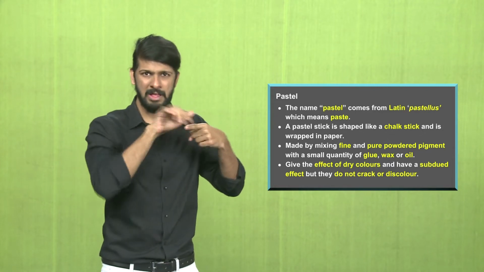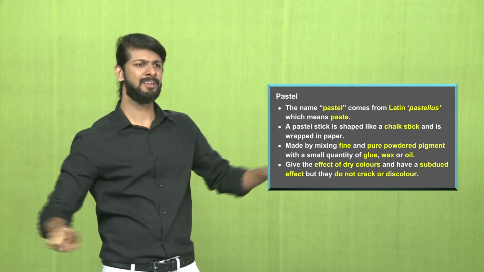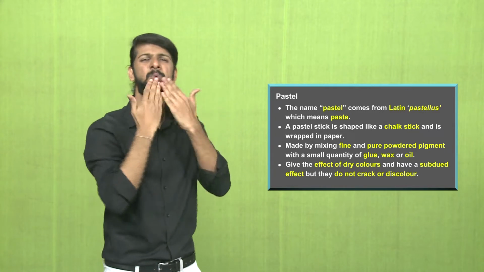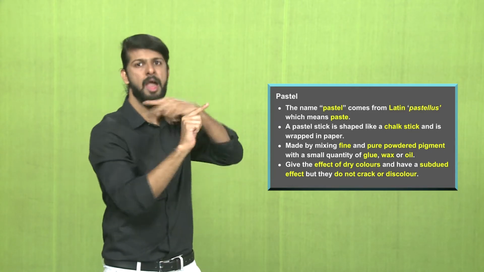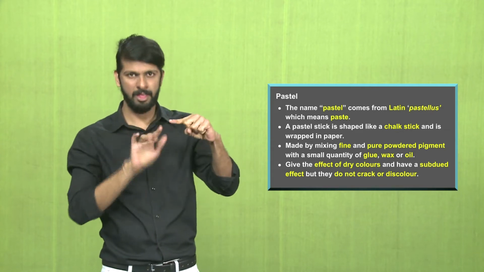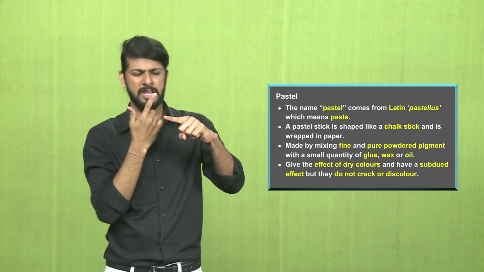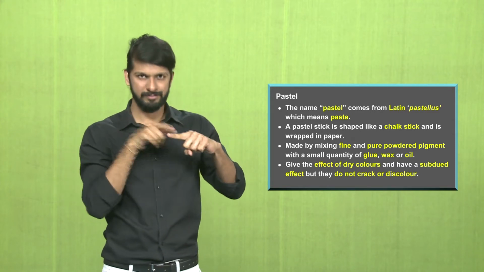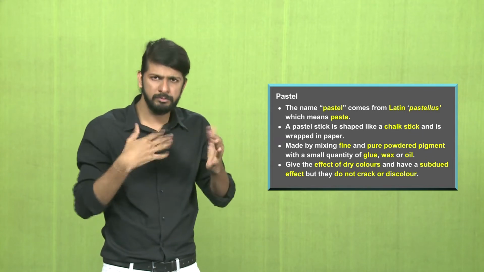The pastel stick is shaped similar to a chalk stick. You would know what a chalk is. In school, teachers use white chalk to write on the blackboard, but a pastel stick is wrapped in paper. How is a pastel stick made?